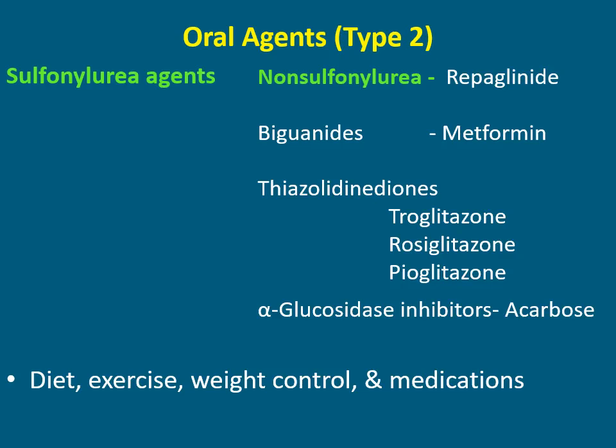Thiazolidinediones, generic names troglitazone, rosiglitazone, pioglitazone. Alpha glucosidase inhibitors, acarbose. Next, diet, exercise, weight control and medications are a must for type 2 diabetes patients.